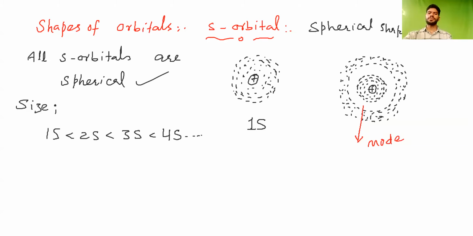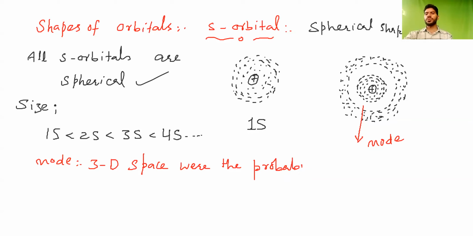So what is a node? A node is the 3D space where the probability of finding an electron is 0.